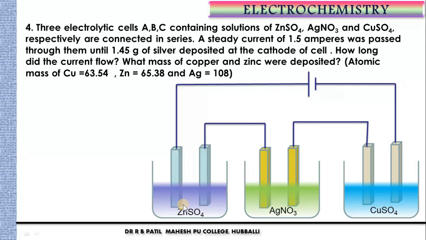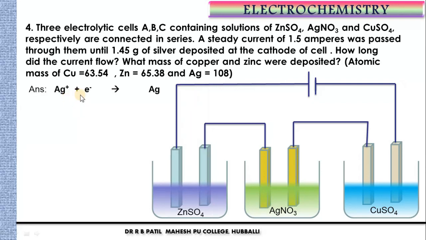Now at the cathode here zinc is deposited, at the cathode here silver is deposited, at the cathode here copper is deposited. They given only one value, that is 1.45 gram of silver is deposited, and they pass a current that is 1.5 amperes. Now let us solve this.